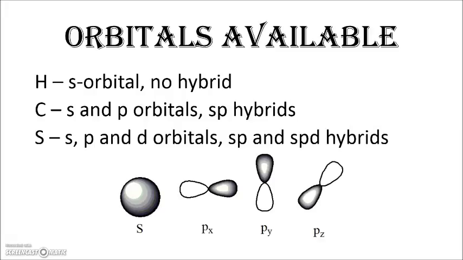And so sulfur has s, p, and d orbitals, so sulfur can create sp orbitals, and it can create spd hybrids. So that's kind of important to keep in mind, that you can have more than just two orbitals coming together when we're merging and creating these hybrids. You can have spd orbitals when you're creating the hybrids. You could throw in f's if you got far enough up on the periodic table. I guess I should say far enough down, right?